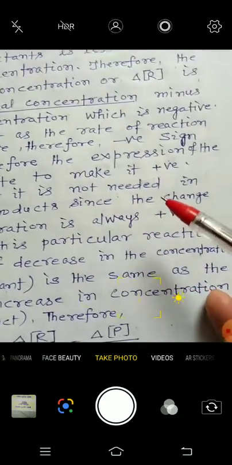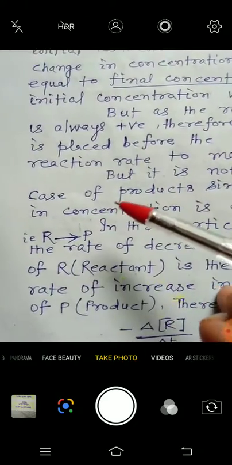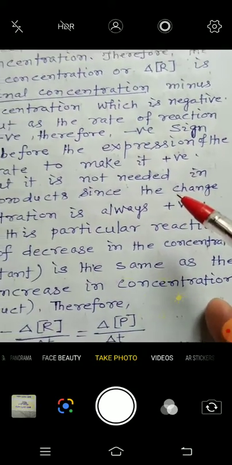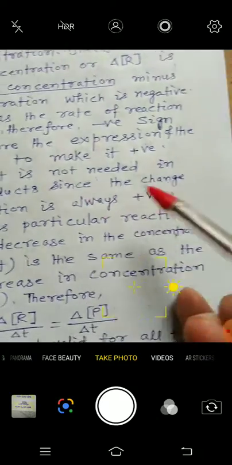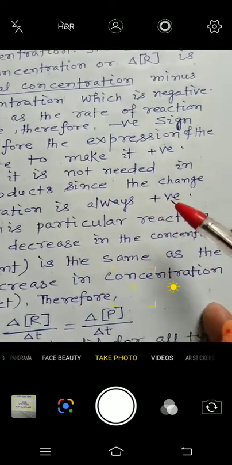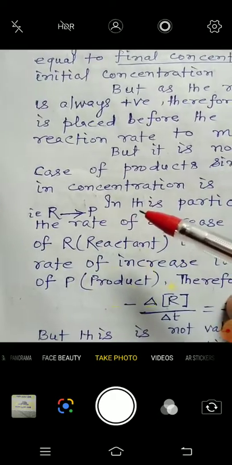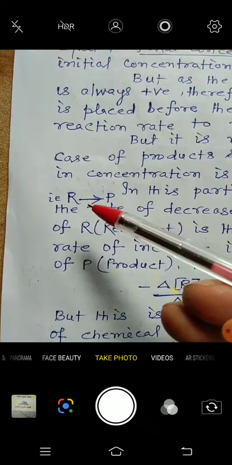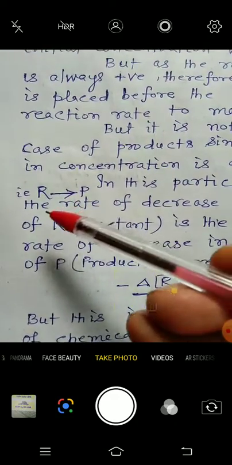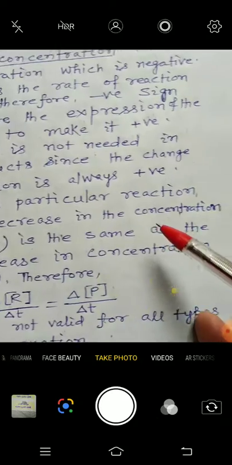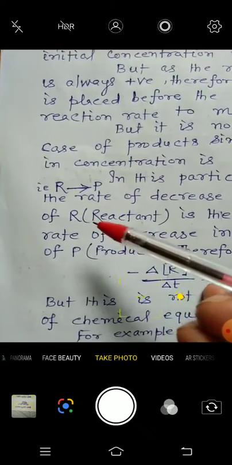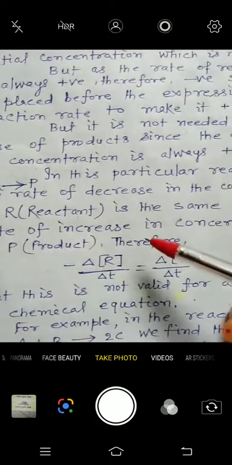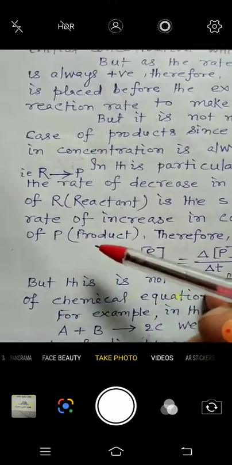But it is not needed in the case of products, since the change in concentration is always positive here. In this particular reaction, suppose R gives P, the rate of decrease in the concentration of reactant is the same as the rate of increase in concentration of product.